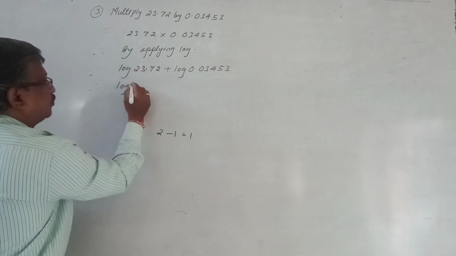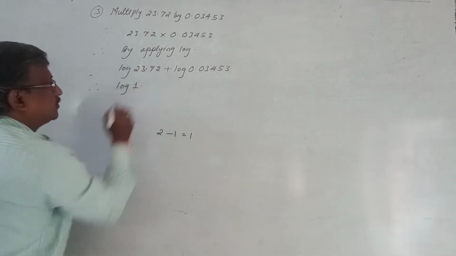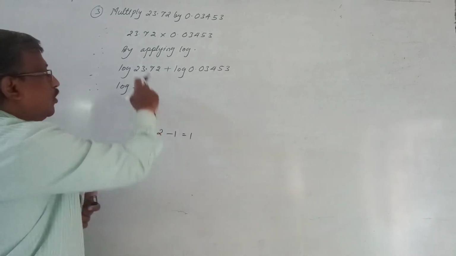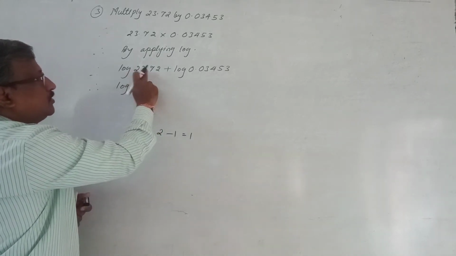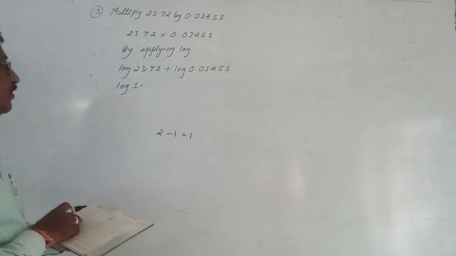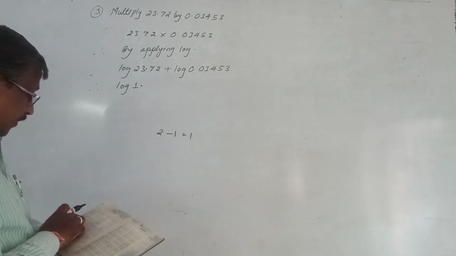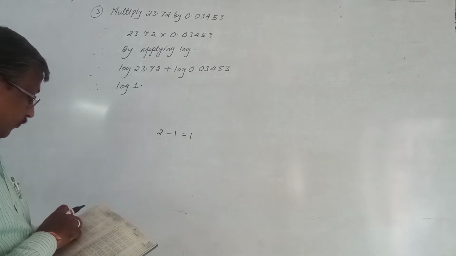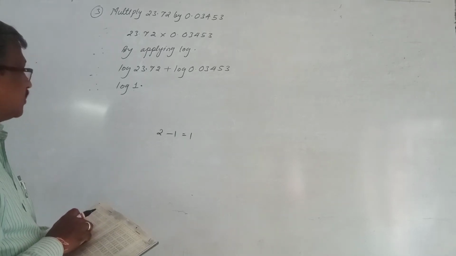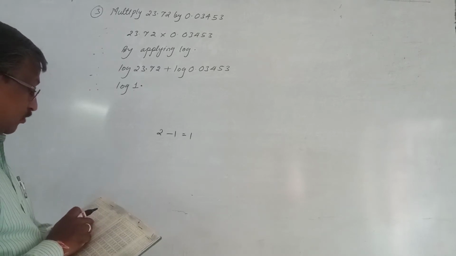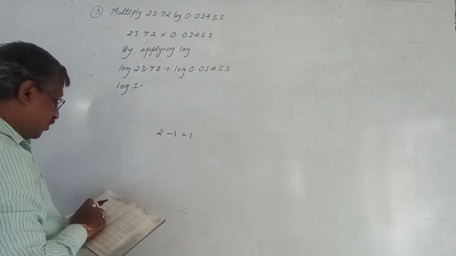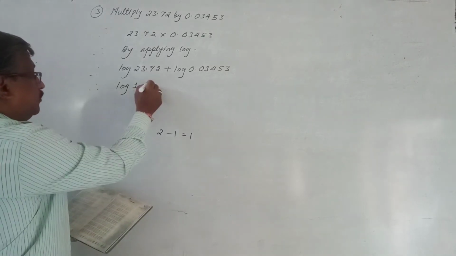So the characteristic of this number is 1, place the decimal point, and then you go to the log table. In the log table you have to see 23, 7th column, mean difference second column. So 23, 7th column, you will get 3747, and mean difference, second column, is 4. So add that, so you will get 3751, right?